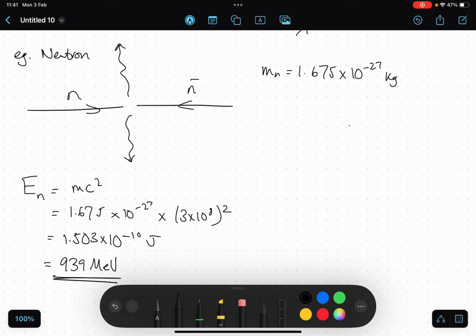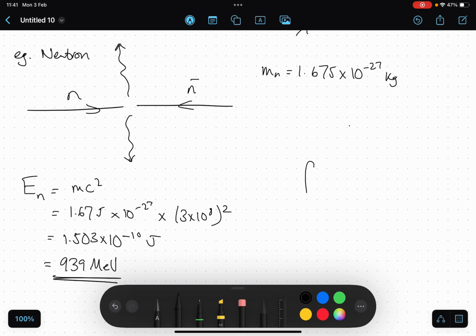The question is then what frequency of photons are being produced? Well, the energy from the neutron produces one of the photons, and the energy from the anti-neutron produces the energy for the other photon.